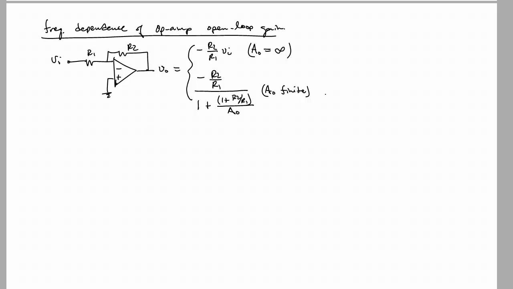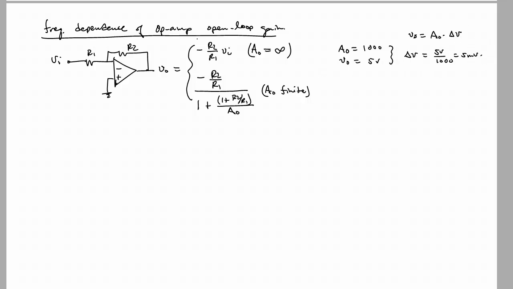Now let's consider an example. Let's say that A naught was only 1,000, and let's say that VO was 5 volts. This would lead to a delta V, which, recall, VO is equal to A0 delta V. So it would result in a delta V of 5 volts over 1,000, or 5 millivolts.